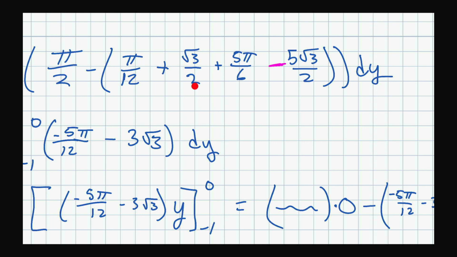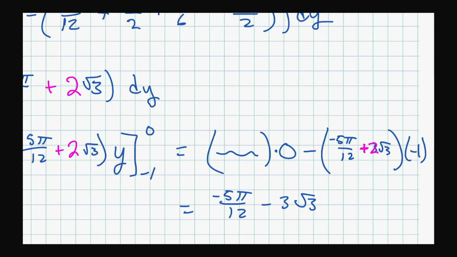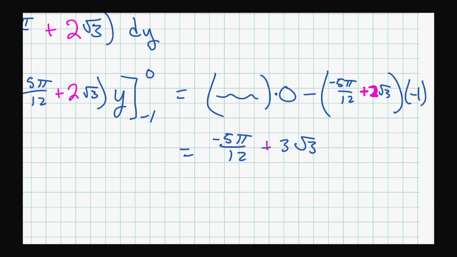So you get negative 4 root 3 over 2, but then with a minus. So actually that should be a plus and a 2, which means this should be a plus and a 2, which means this should be a plus and a 2. Okay. And that looks correct to me now. So that's the answer.